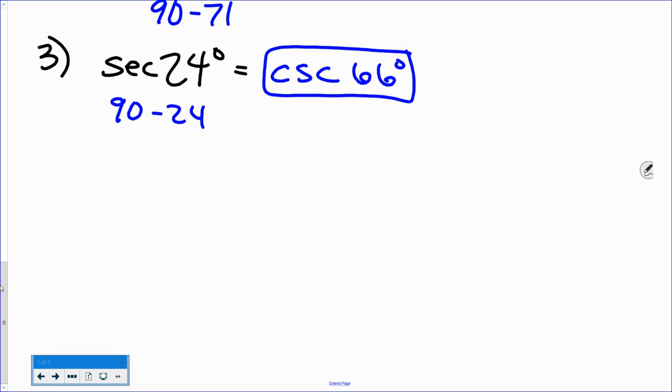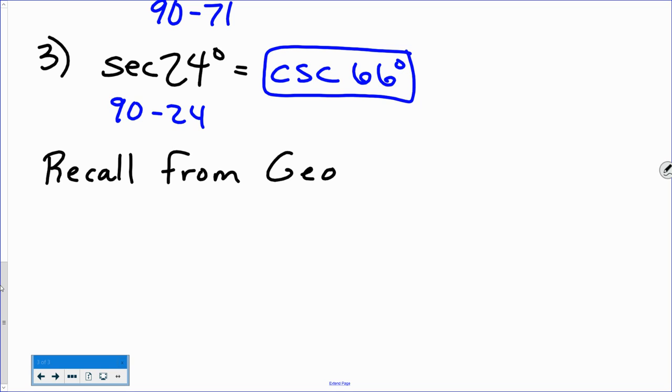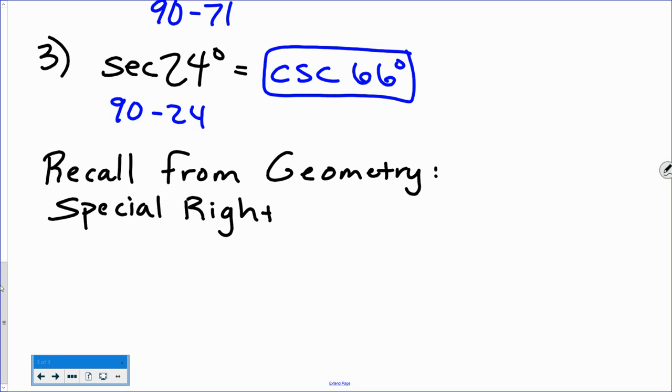All right, so here's the other part that we're going to need in this section. We want to recall back from geometry your special right triangles. All right, so you had two of them.